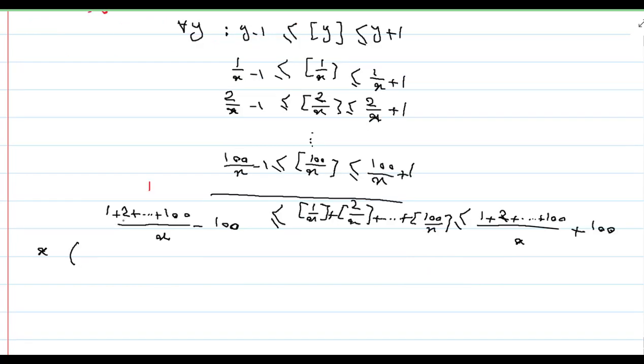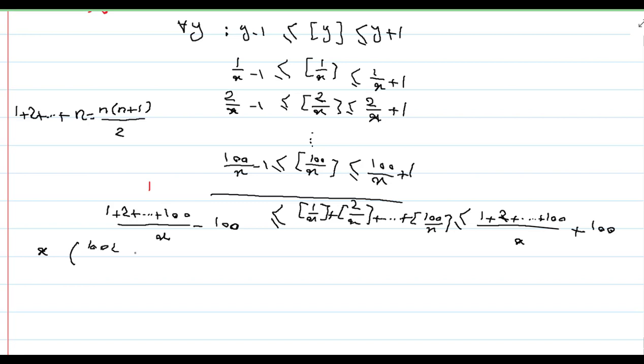I can now multiply by x to figure out f, so after that we can take the limit. According to this fact, 1 plus 2 plus ... plus n is equal to n times n plus 1 over 2. I can use this fact to calculate the summation of 1 plus 2 till 100.